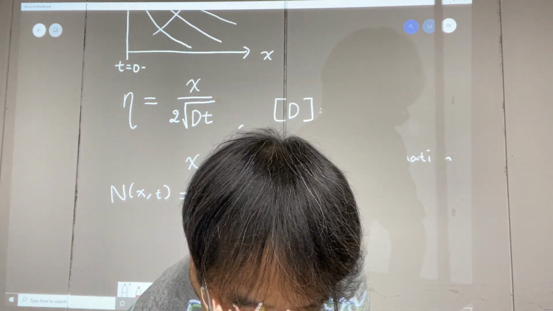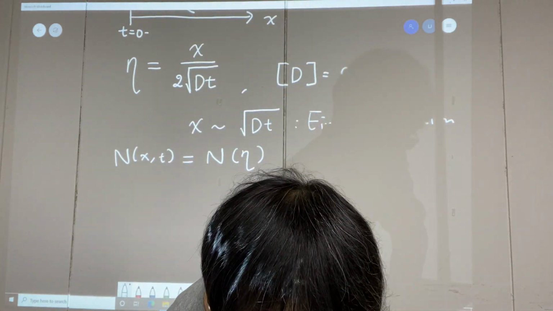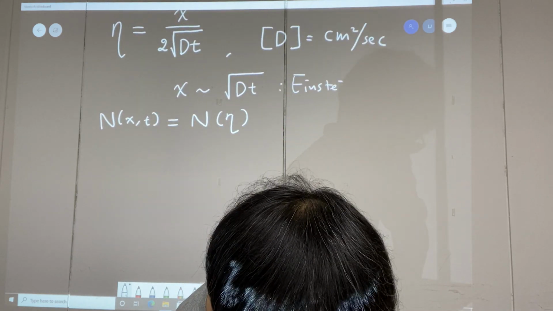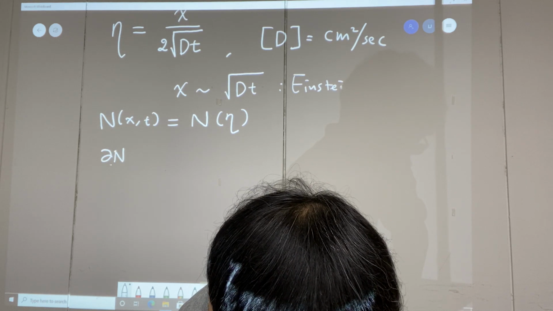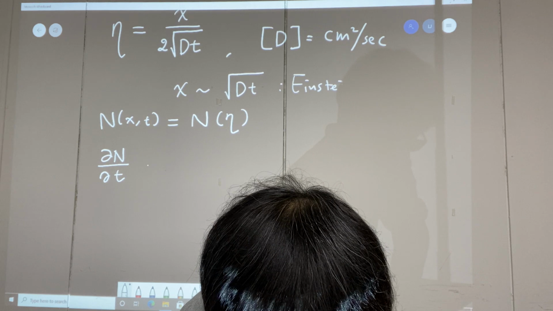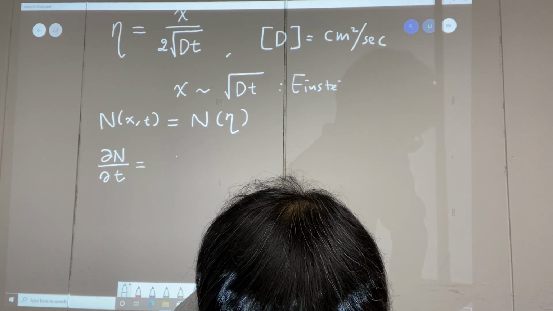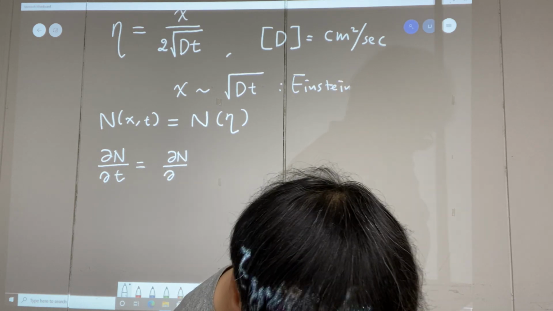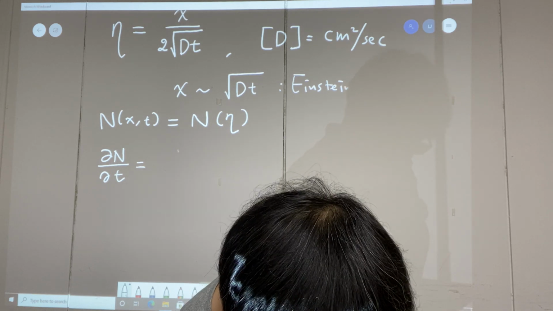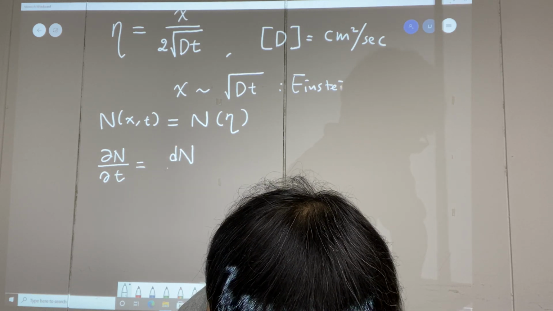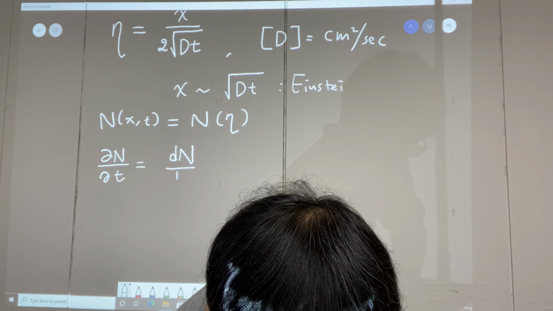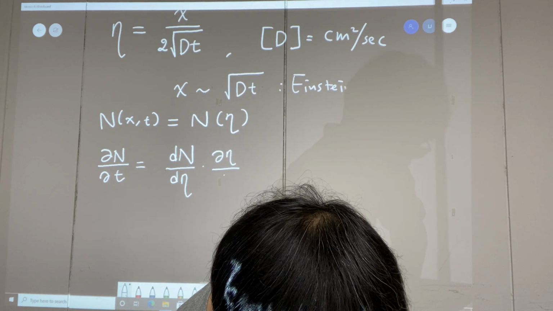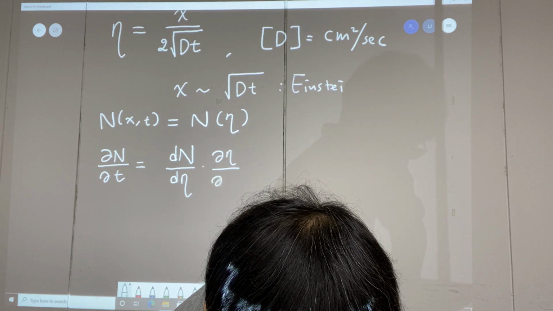So some of the useful chain rules are, for example, partial n partial t would be dn d eta, and then since eta is a function of two variables, partial eta partial t.